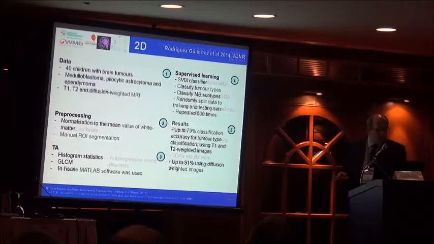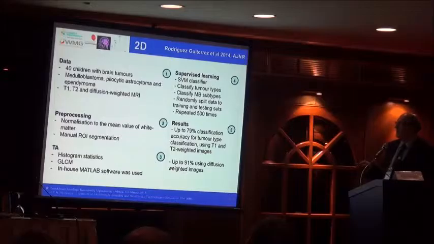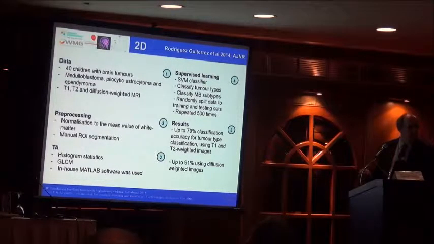Of course, we learned more, and most recently, we looked again at the same cohort, and we added diffusion, an extra dimension, and we looked at normalization, something we didn't do initially very well with the crude approach, so we did the piecewise approach.